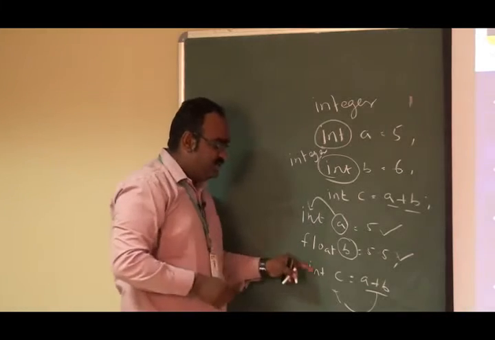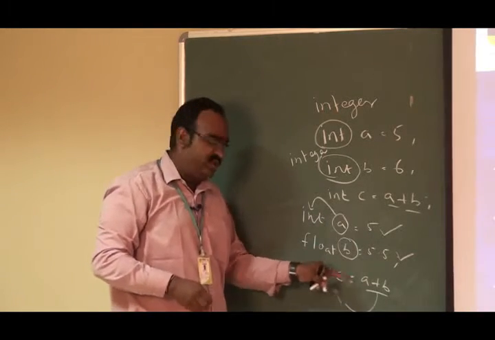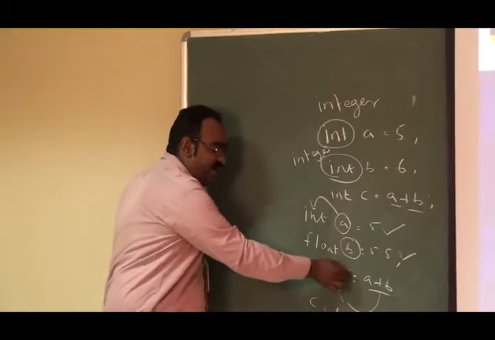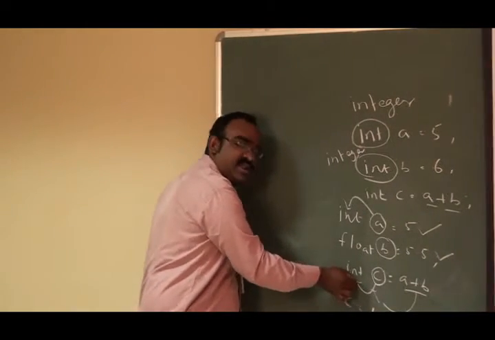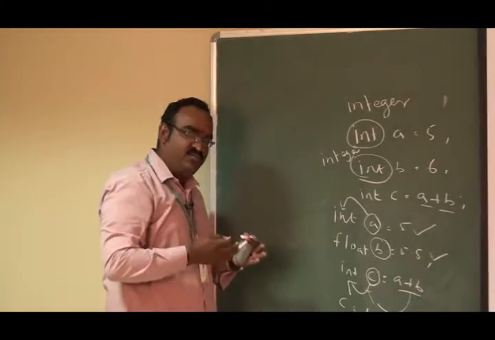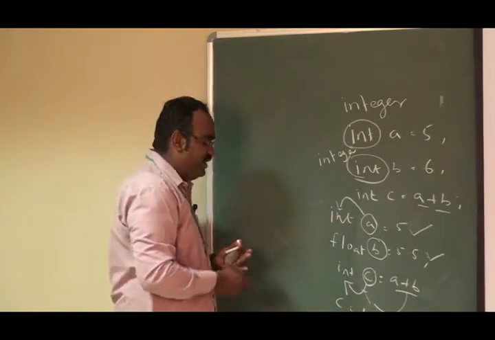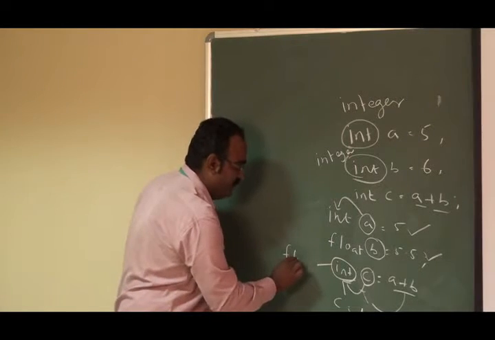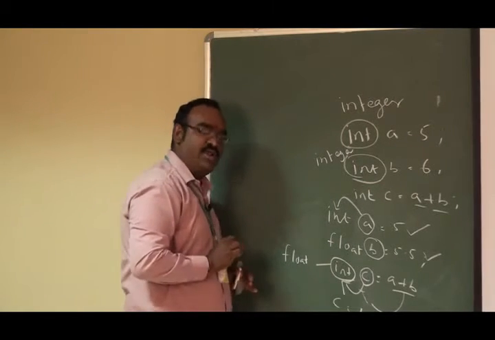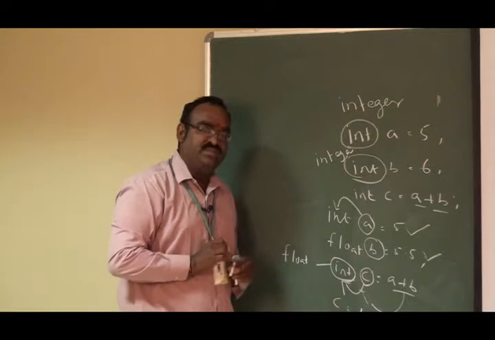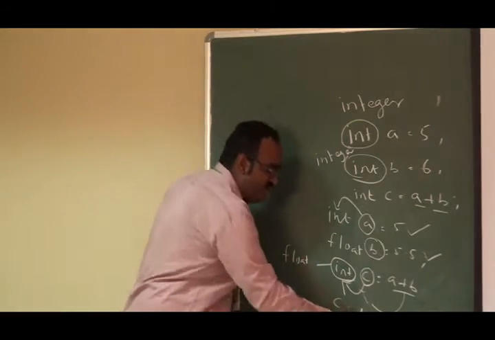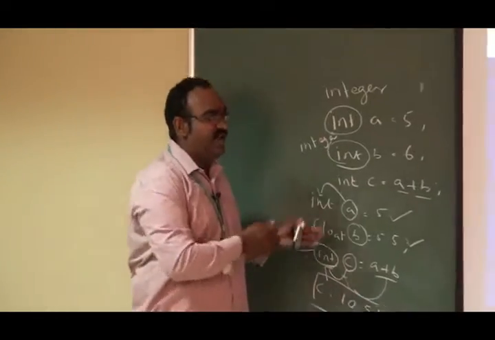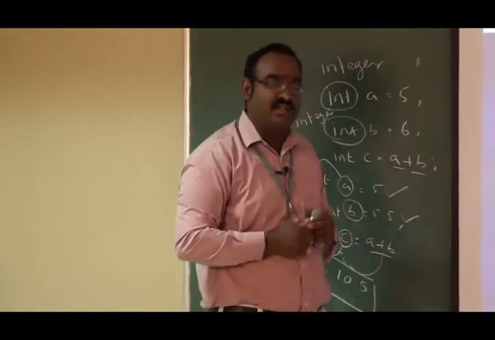The value of c is 10. Why? Because we declared c as an integer data type, which is a whole number. But if we need 5.5, then instead of integer we have to use float. Only a float value stores the floating decimal point. So 5 plus 5.5, 10.5 is now stored in c. This is called homogeneous and heterogeneous.